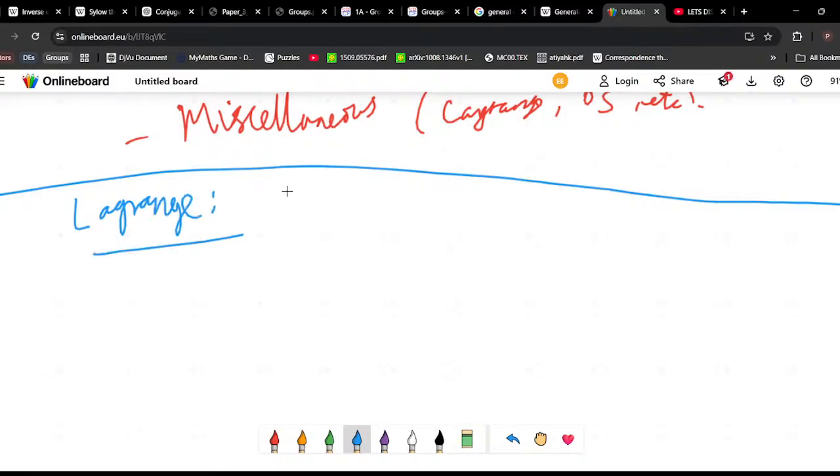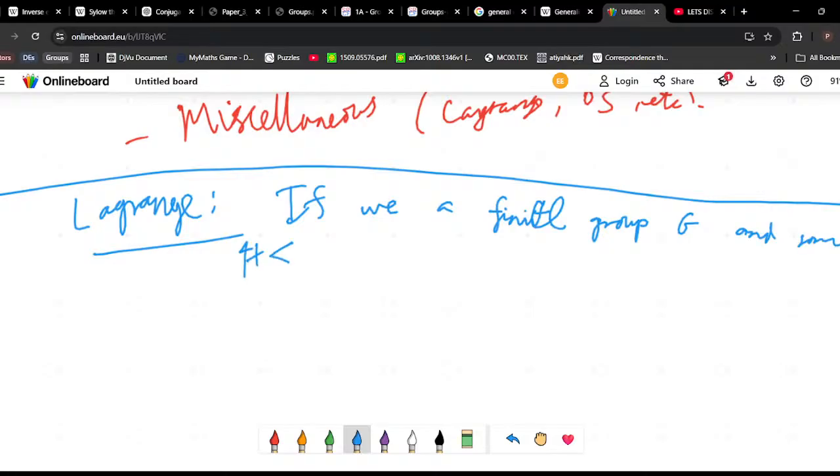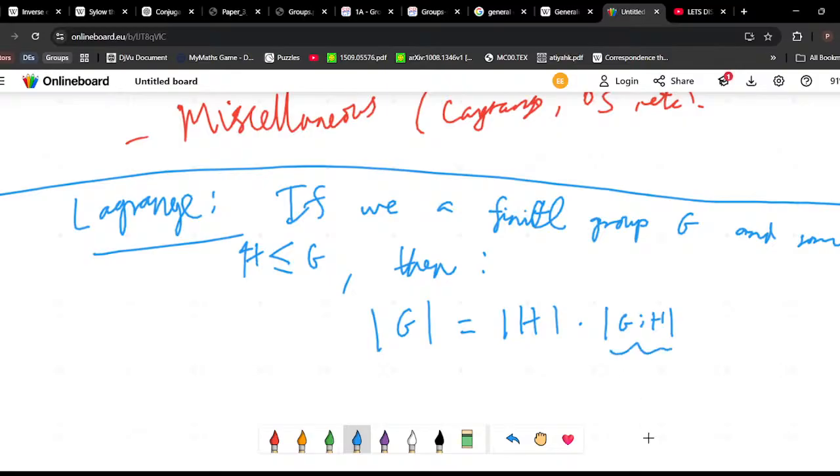Well, if we have a finite group G and some subgroup H, then the order of G is just the order of H times the number of cosets that we have, so the index of H in G.